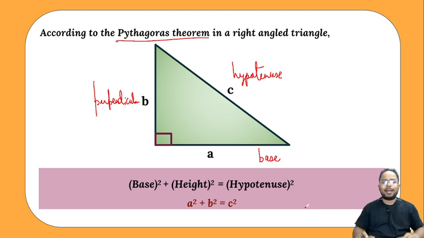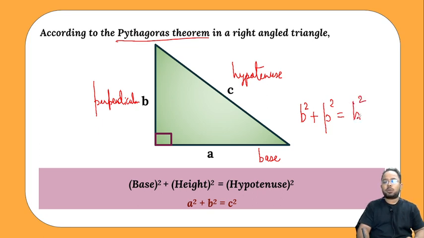As per the understanding of base, perpendicular and hypotenuse, a relation is given for a right angle triangle. I am talking about right angle triangles only. It says that the sum of the squares of the base and perpendicular is equal to the hypotenuse square.